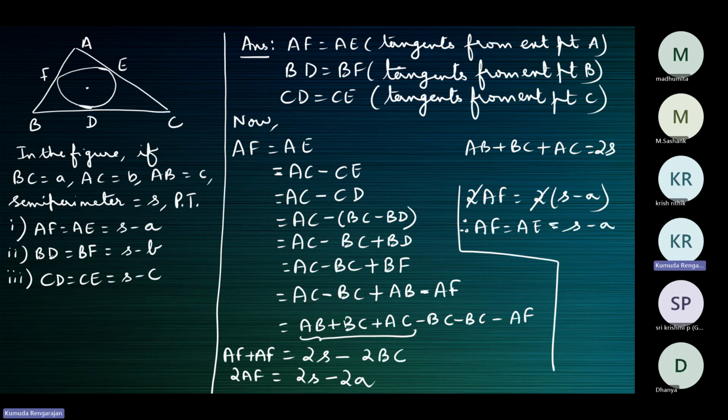It will be more clear when we work the next two. Just listen to this. See, we started with AE, children, which was on side AC. So we came from side AC, then to CB, and we finished in AB.